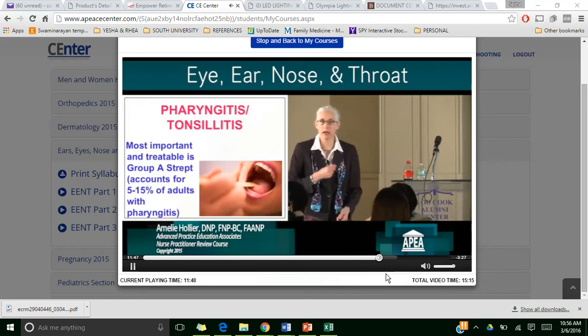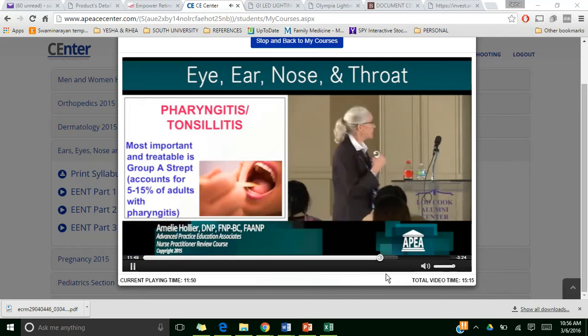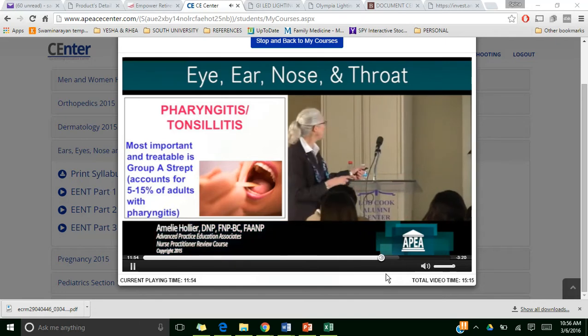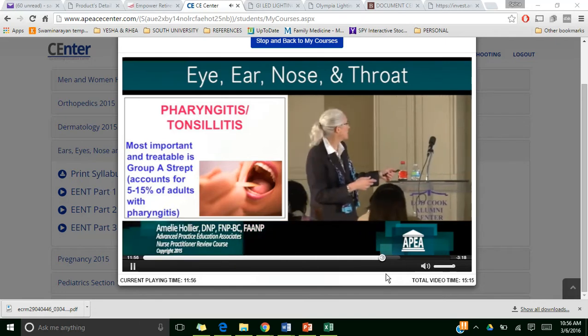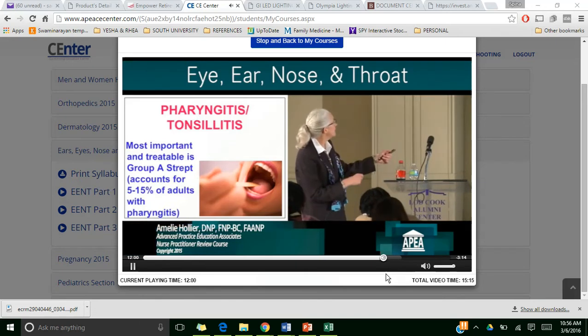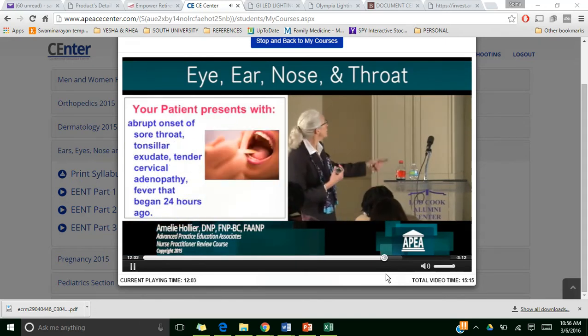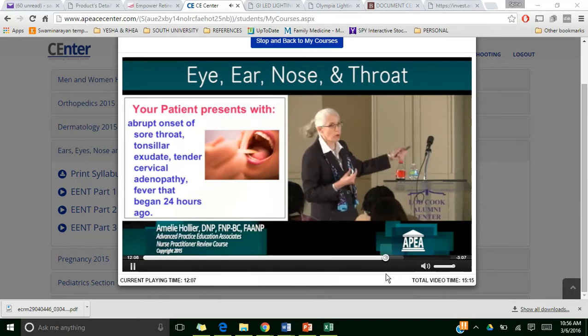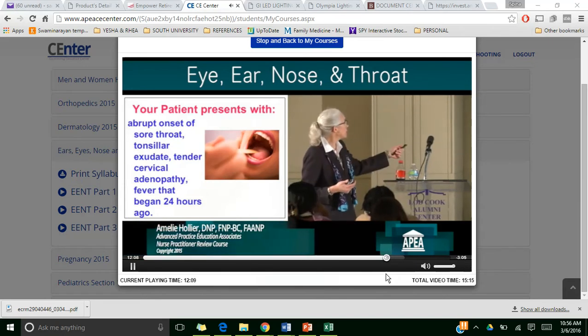So here's your patient. Your patient presents with abrupt onset of sore throat, tonsillar exudate, tender cervical adenopathy, and fever that began 24 hours ago. I'm sure you've seen a ton that look like that. My first question for you is this one. What statement is true if this is group A beta hemolytic strep, GAS?